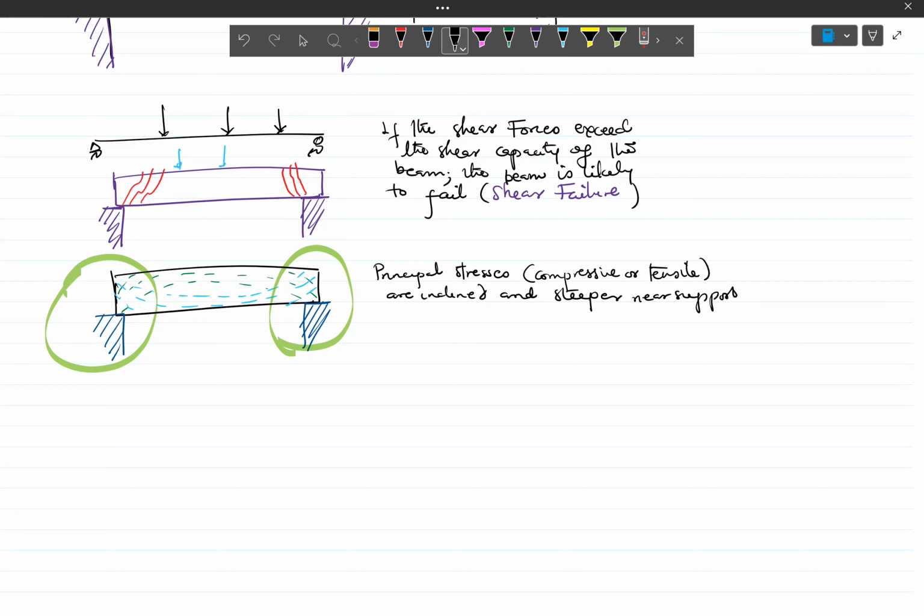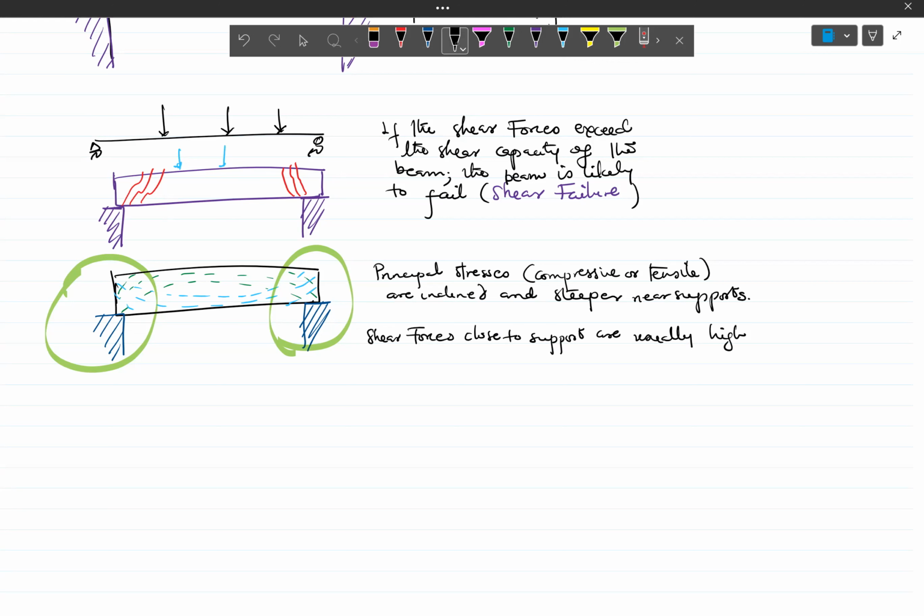And again, anytime we draw shear forces, we realize that shear forces close to supports are usually high, which means that if the structure is going to experience high shear forces, they are likely to occur closer to the supports.